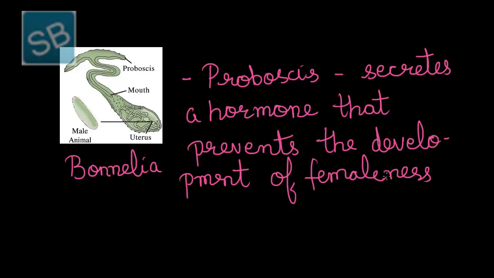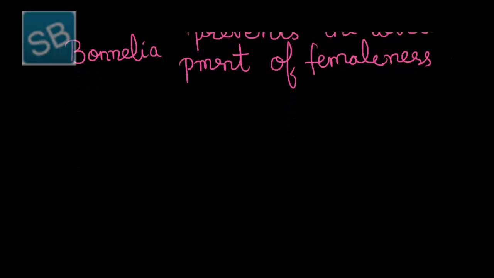Now, on this basis we can say that if an individual gets born near the proboscis or undergoes fertilization near the proboscis, then the individual would form into male, while if it develops away from the proboscis, then the individual would develop into female.